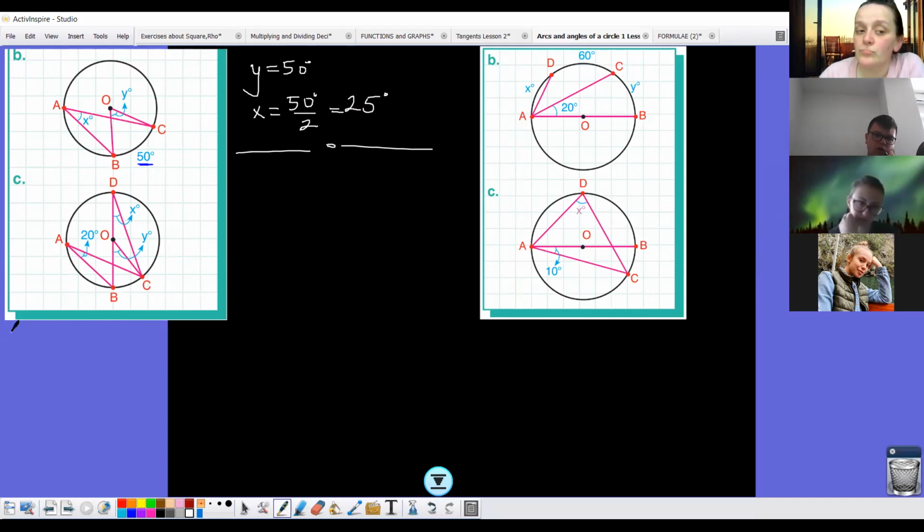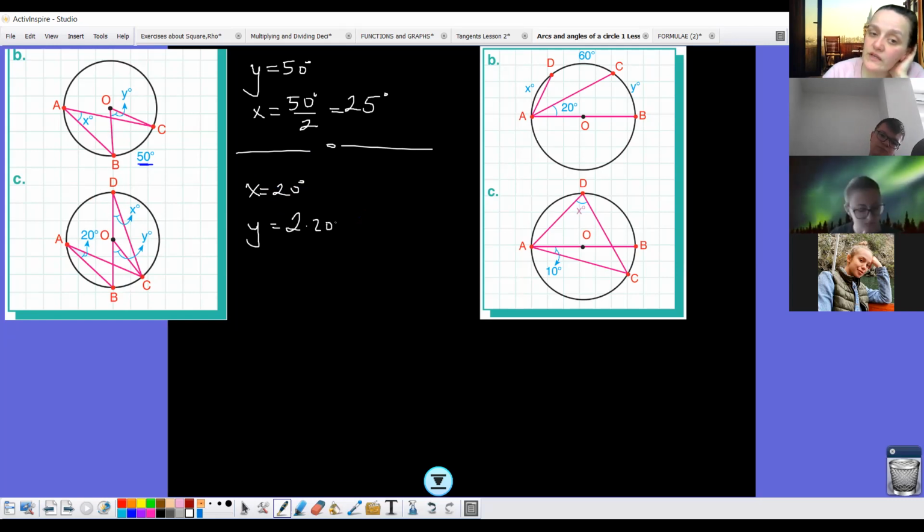A and D will be 20. X will be 20 and Y will be 20 degrees because both of them are inscribed angles and they are intercepting the same arc. What about the y? Then y will be 2 times 20, which is 40 degrees.